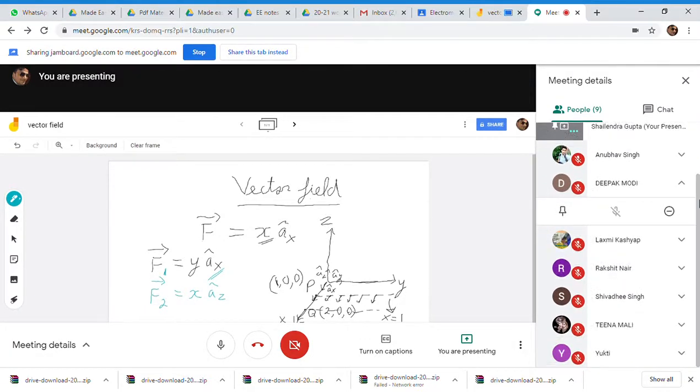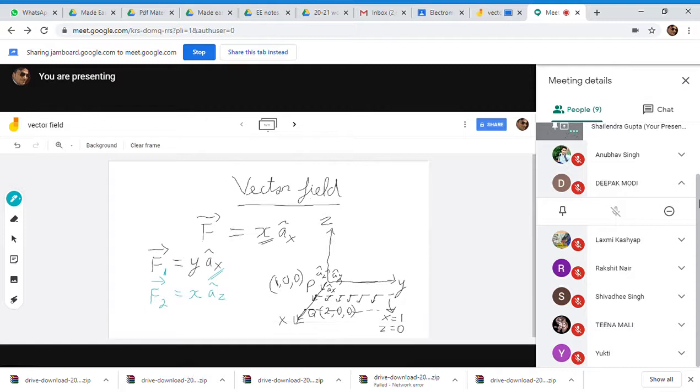If there is any problem in sharing, then please write in the chat box. If you are facing any problem, then write in the chat box.